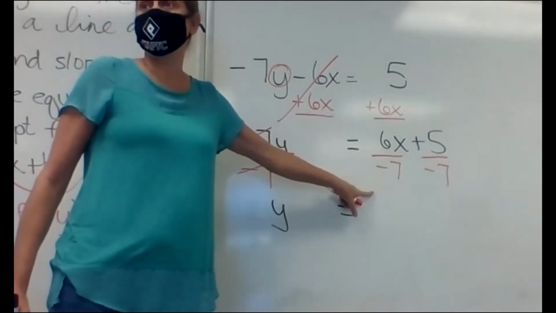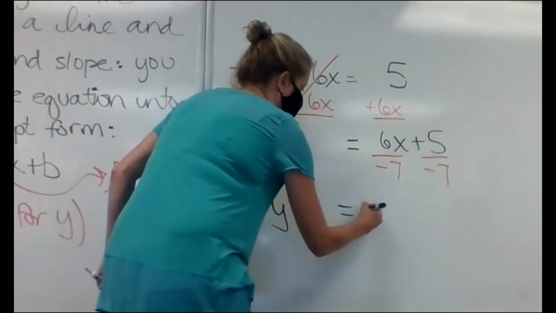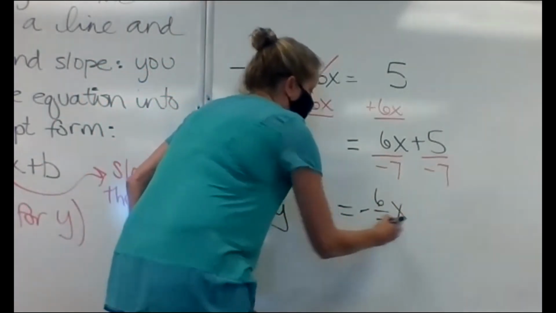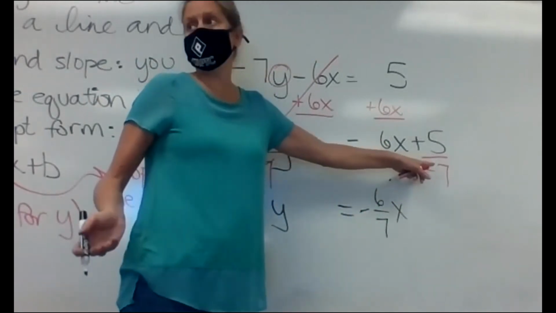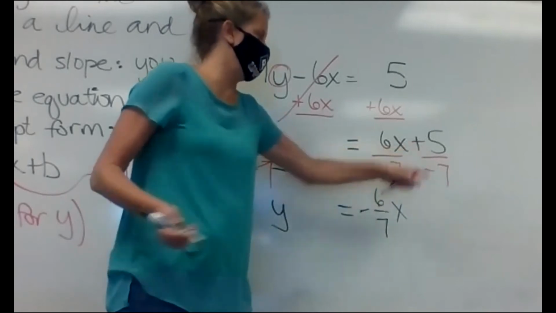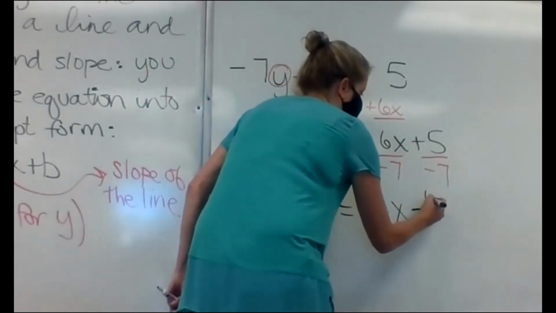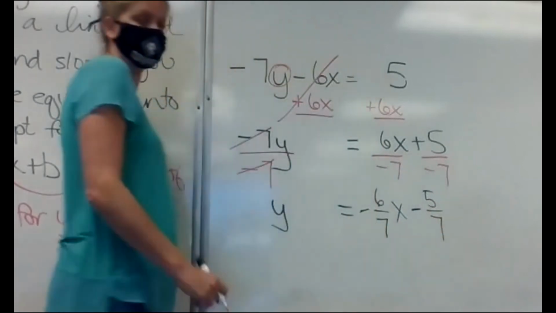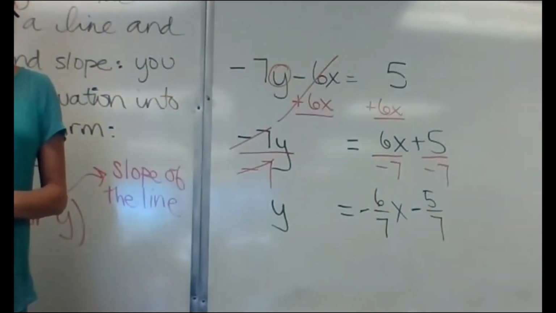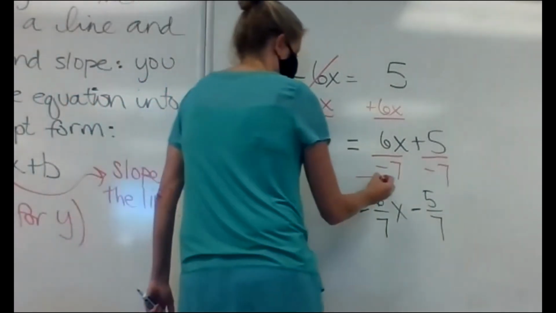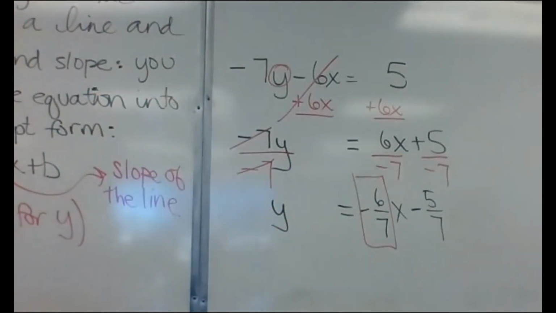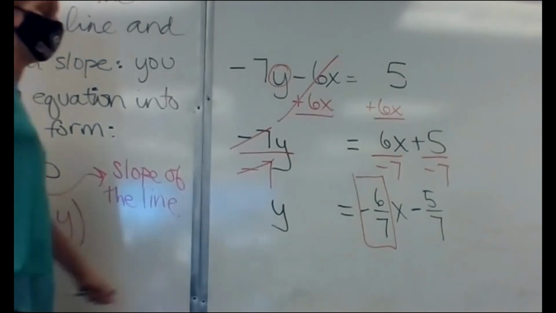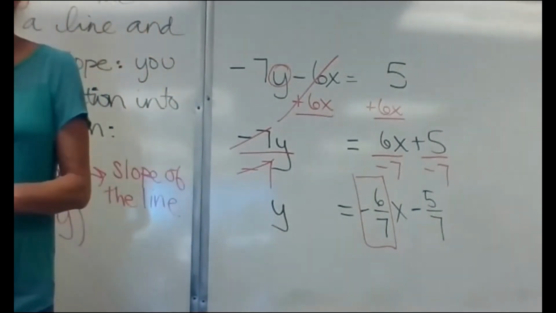Is it positive or negative? Negative 6 over 7x, right? That doesn't reduce. Now this other number doesn't even really matter on this problem, right? But a positive over a negative is still negative, and 5 over 7 doesn't reduce. These are going to take some practice. So that means your slope is going to be negative 6/7. Once you get the y by itself, the number in front of x is your slope.